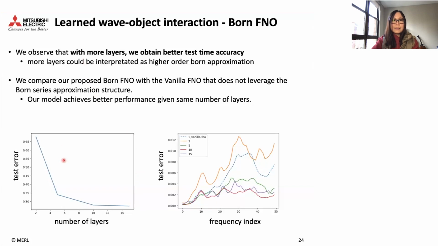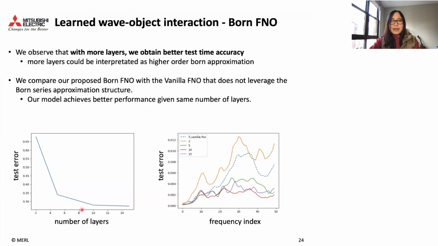And then, so this is the test. So more layers can be interpreted as keeping higher order terms in the Born approximation. So theoretically, it should be more accurate. And indeed, in our test, we plot out the testing error as a function of number of layers.